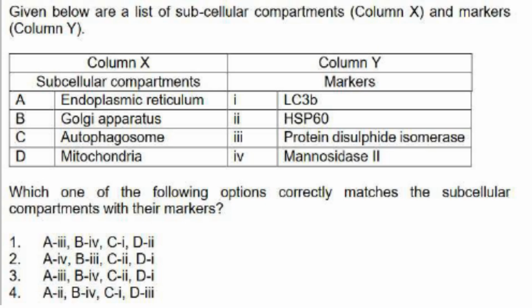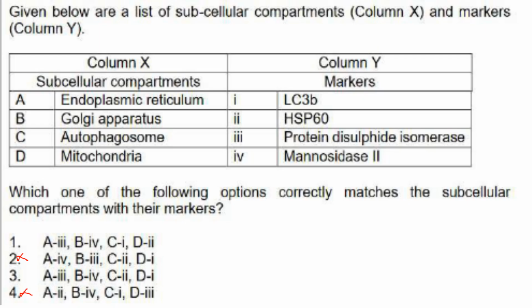Then subcellular compartments with their markers you have to match. Endoplasmic reticulum, it is protein disulfide isomerase. So A3. Okay, A3 means 2 and 4 are gone. Golgi apparatus, it is mannosidase 2.